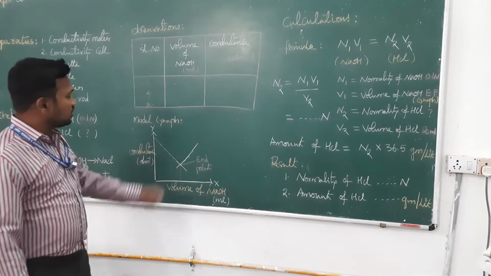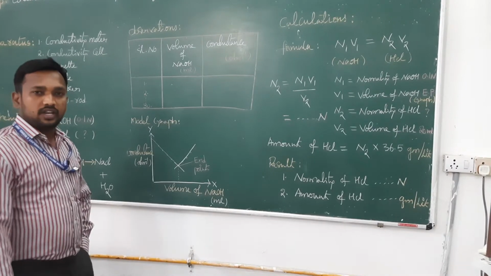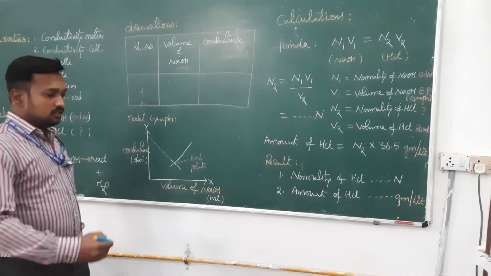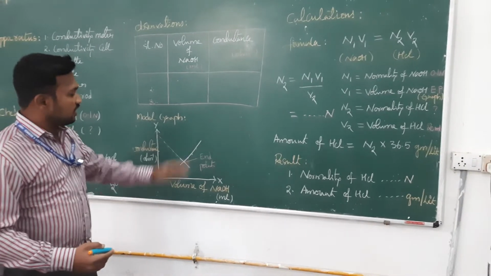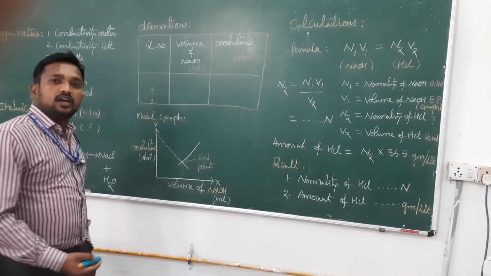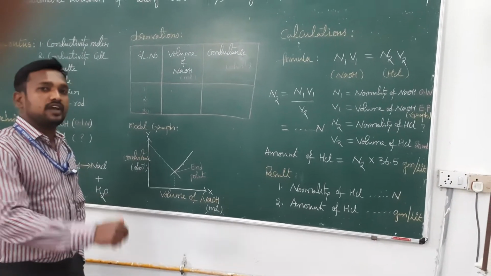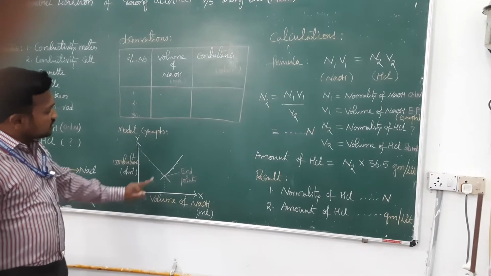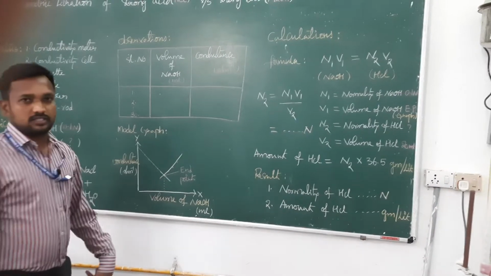Initially the conductance value decreases with every addition of NaOH. After that, the conductance slowly increases because fast moving OH- ions increase in the given solution. That's why its conductance starts to increase again.